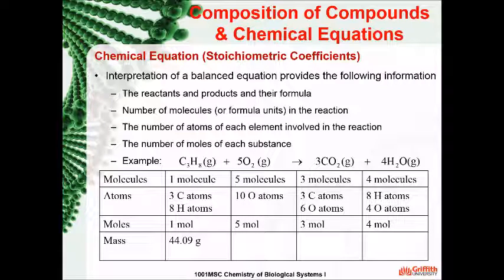We have 5 moles, so the mass is 32 times 5 equals 160 grams. Carbon dioxide has a molar mass of 44.01 grams per mole. We have 3 moles, so the mass is 132. And water has a mass of 72.08. You can notice that the total mass of reactant equals 204 grams.